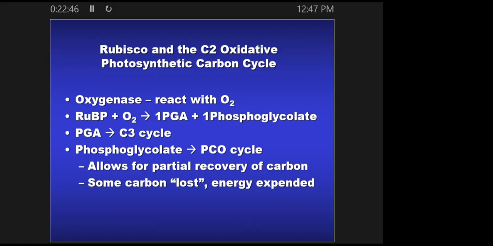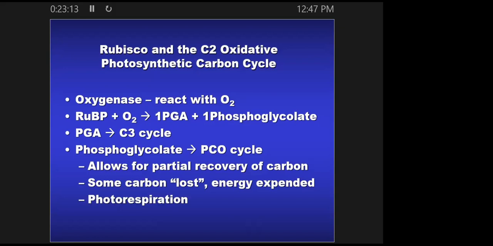But in that process, we say that some carbon is lost. What we mean by that is it's not being used to make PGA for the Calvin cycle. It's actually getting respired off as CO2 over in the mitochondria, and it's given off by the plant. So it's respired, so that's why they call it photorespiration. So this is generally not a good idea.